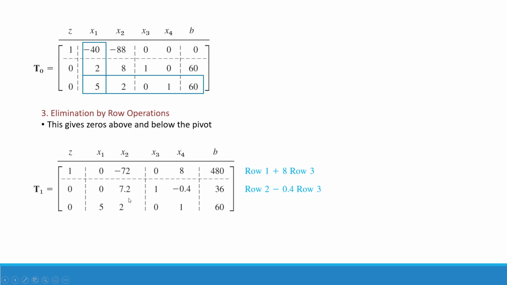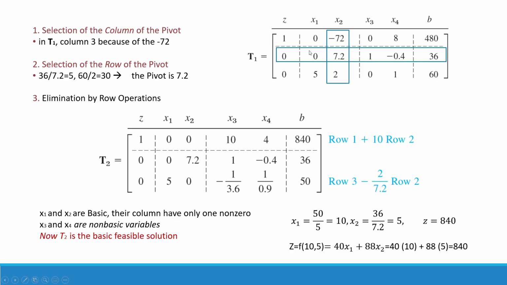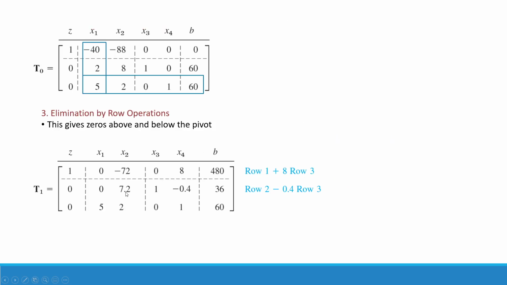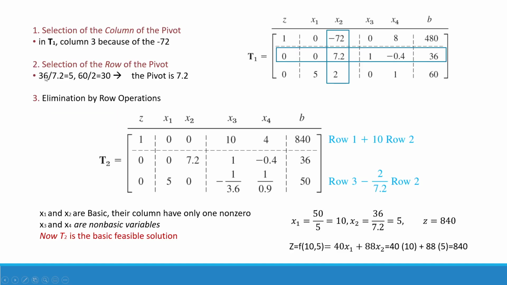Now after this result, we still have a problem. We have a negative number here, so we need to repeat the process. For the next column that has a negative, we choose this column and do the same process: divide 36 by 7.2 and 60 by 2.